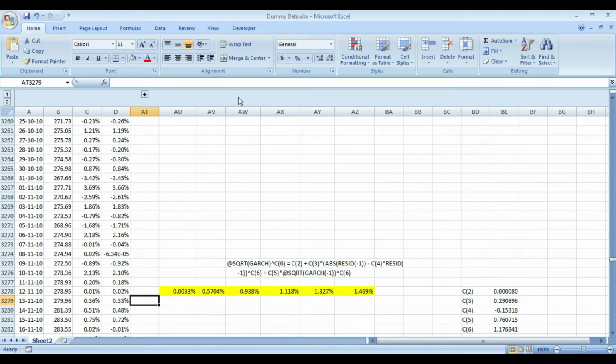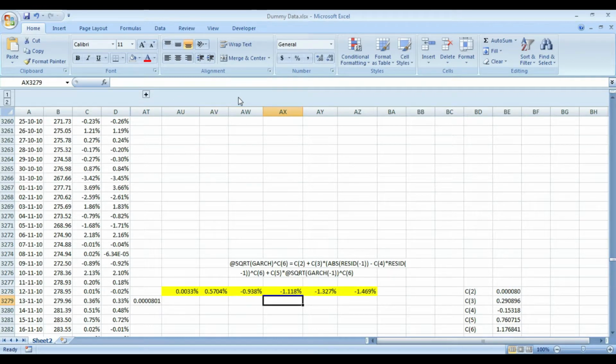Now standard deviation to the power of C6 is simply equal to C2, which is this coefficient. I'll copy this, okay.